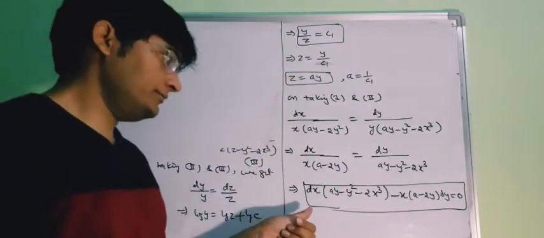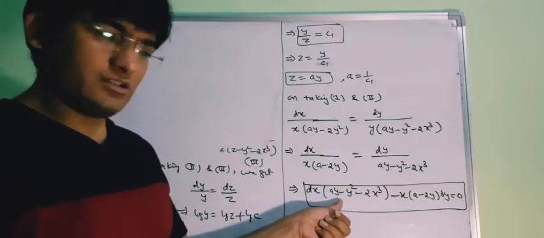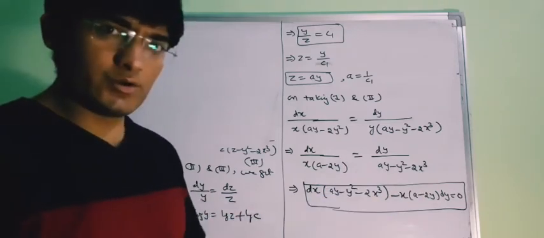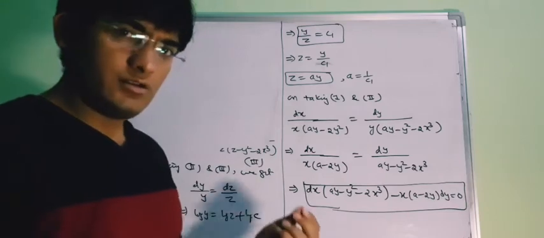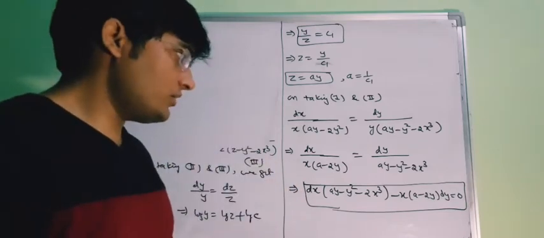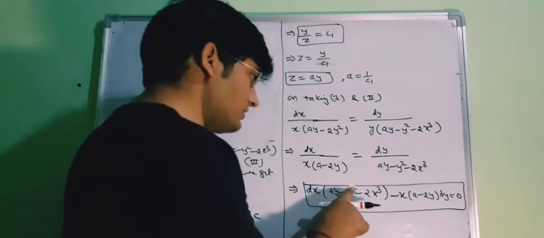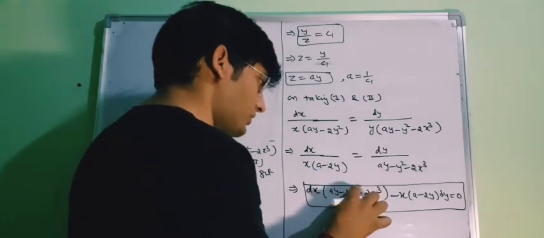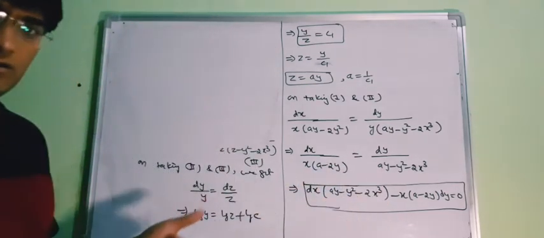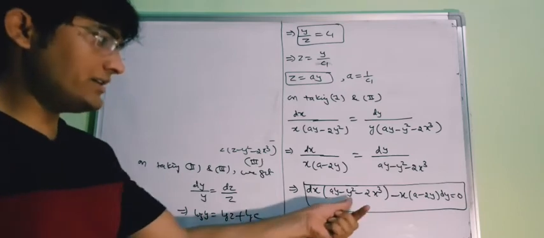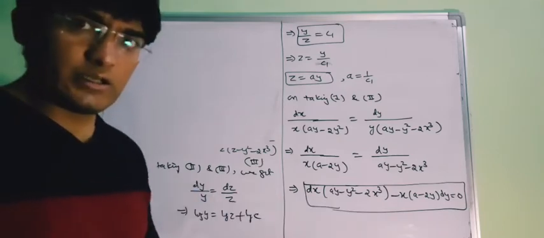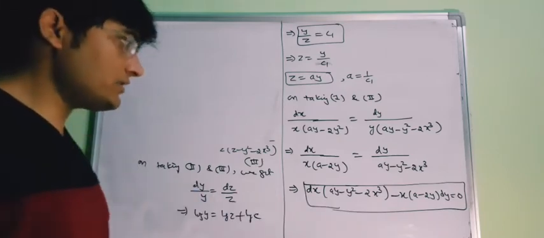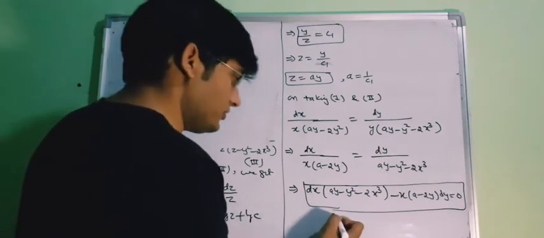Now we cannot reduce it in the form dy by dx plus py equal to q, that means a linear differential equation of order 1. Now let us see whether it is an exact differential equation or not. If it is exact, then you know how to find its solution. If it is not exact, then we will find its integrating factor.